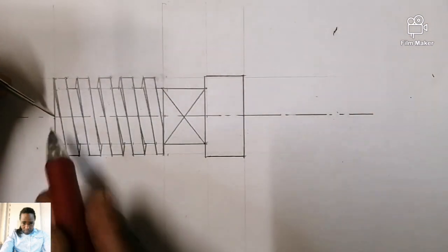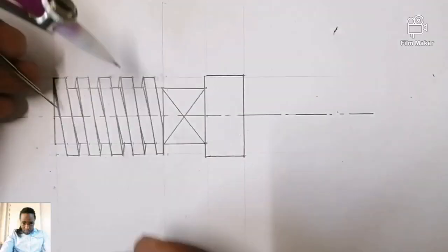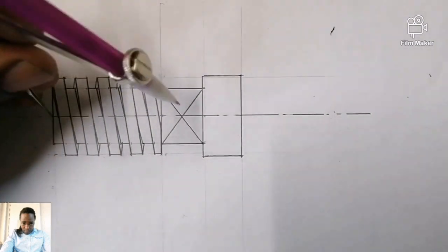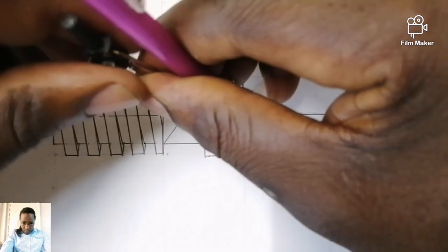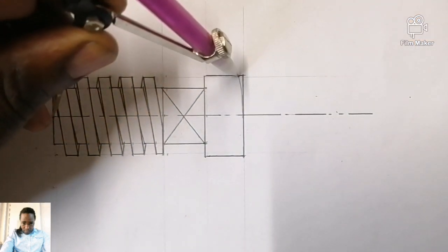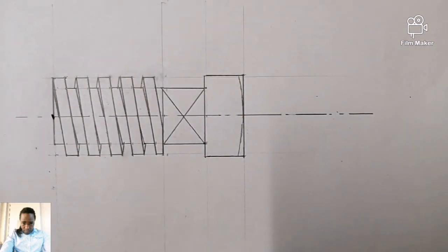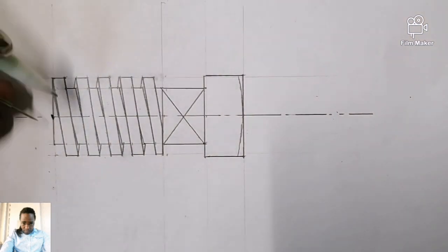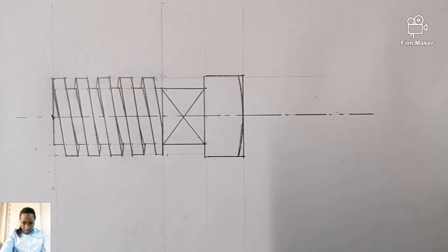Place your compass here at the end of your shaft. How? Like this, till where? Till here, like this. Then you draw. It's my arc. Let me use this one. It's like this. So this is what you must get.